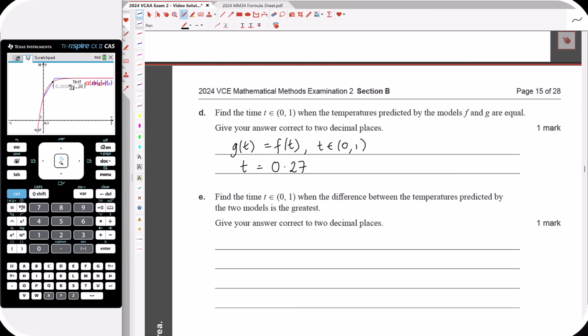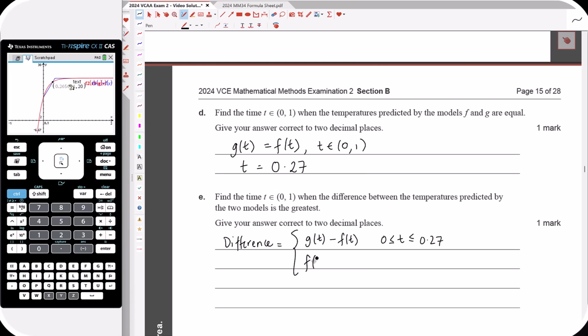So therefore, the difference is sort of a piecewise function as well. It's g of t minus f of t when t is between 0 and 0.27.